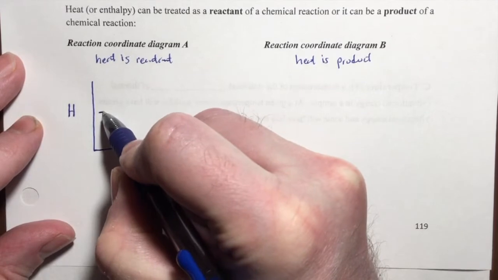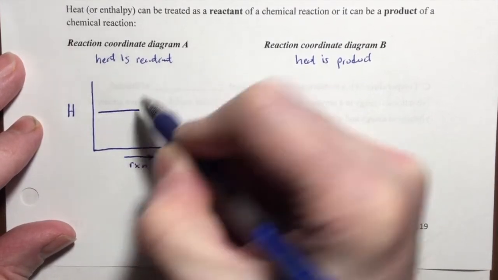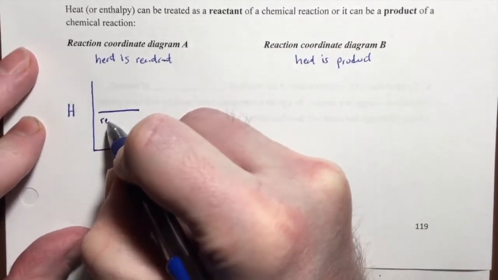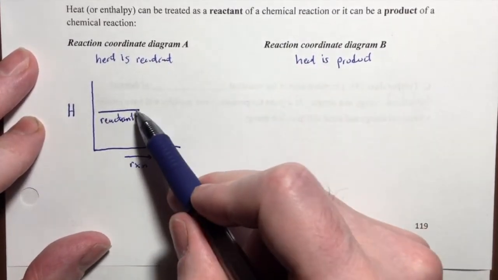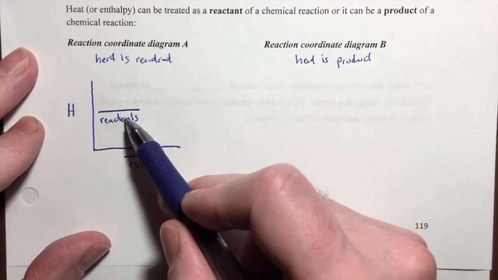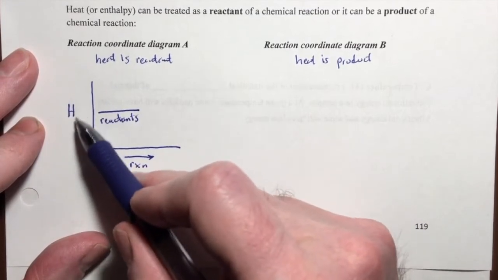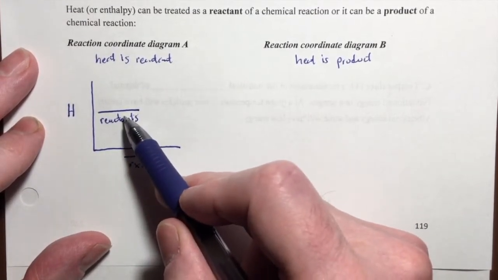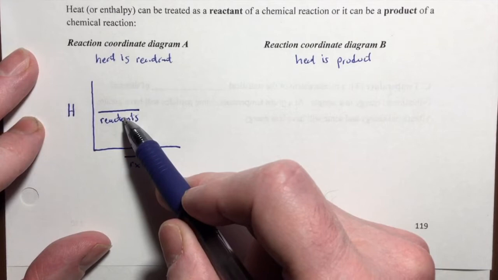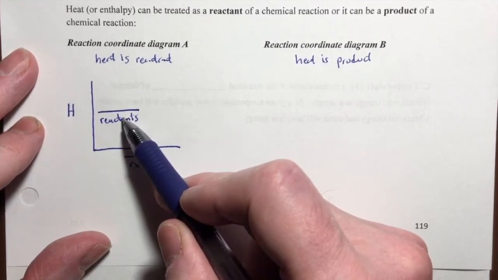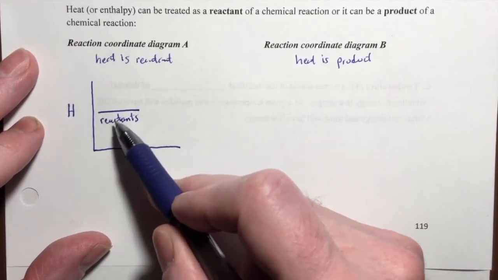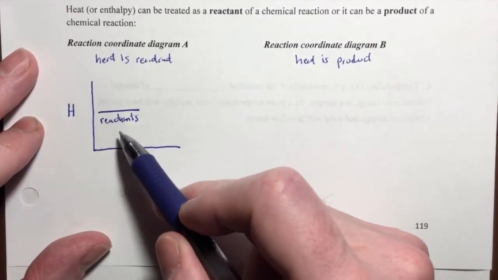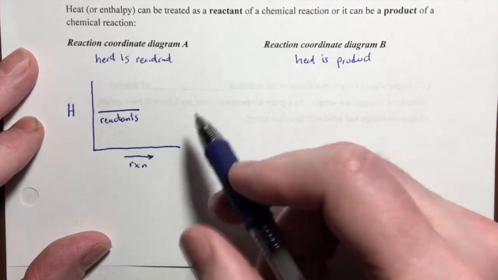So somewhere at some level up here, we're going to put the reactants. So the reactants of this reaction have some enthalpy, some heat energy in them. For example, the sugar cube I talked about earlier, or the piece of paper before it starts to react. That reactant has some heat energy in it before it starts to react.